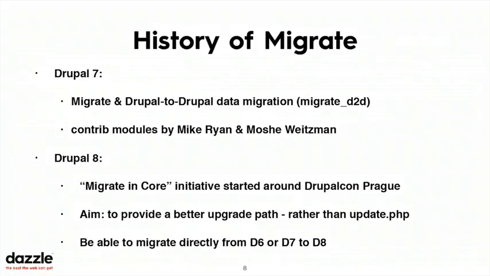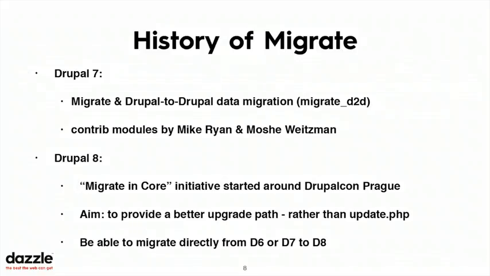And in the early development of Drupal 8, that would have been around DrupalCon Prague, there was some discussion about the usual upgrade path from Drupal versions. Usually you would run update.php and pray that everything would work more or less.